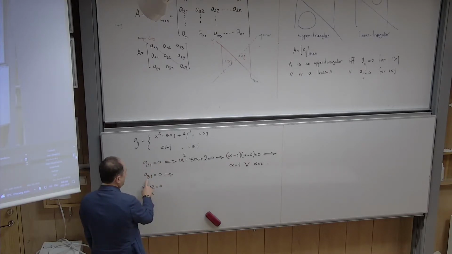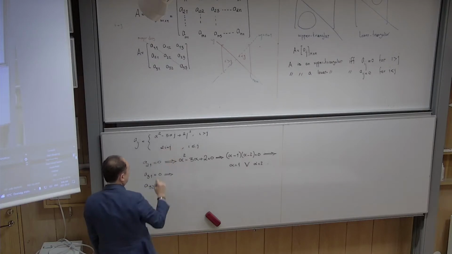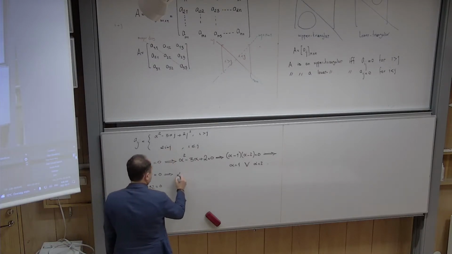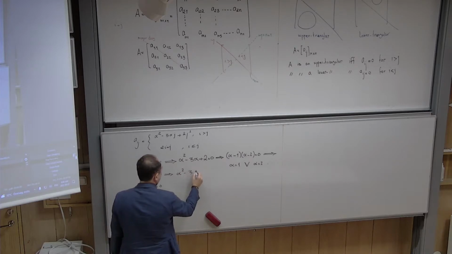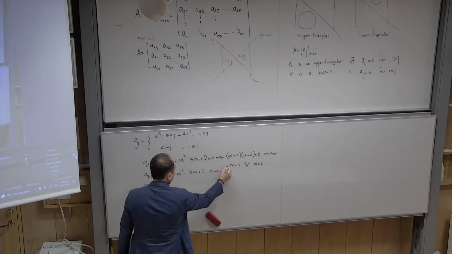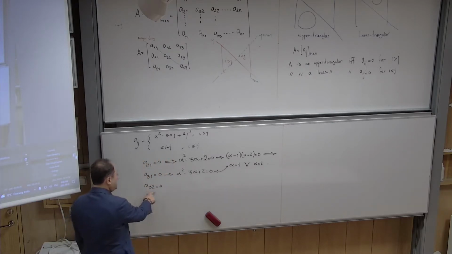Again, A31, the I index is greater than the J index, so I have to use this first rule, and I have to replace J with 1 again, so it will give rise to exactly the same equation. Nothing new. So you can conclude exactly the same thing. Okay? But when it comes here, the J index is now changed.